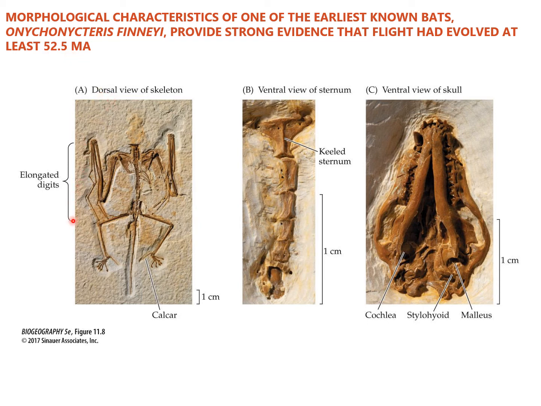And you can see some of the morphological characteristics that contributed to that, so elongated digits and things like that. They even had some rudimentary structures that allowed for the echolocation that bats are known for.